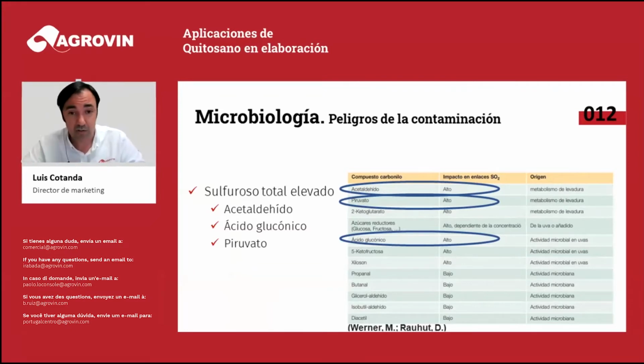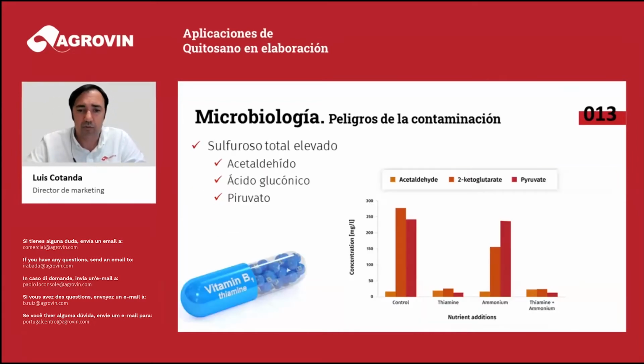And if the levels of these compounds are high, then it is going to be very difficult to reach the desired level of free compounds. And then you know that the life of these wines is going to be complicated, and it's going to be difficult to get free sulfur dioxide, and in many cases they need to exceed 150 milligrams.